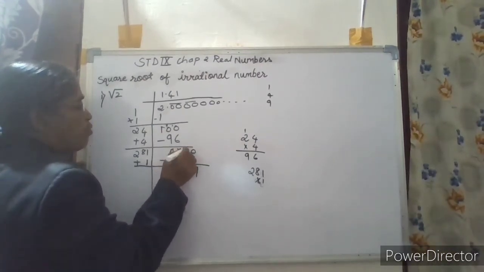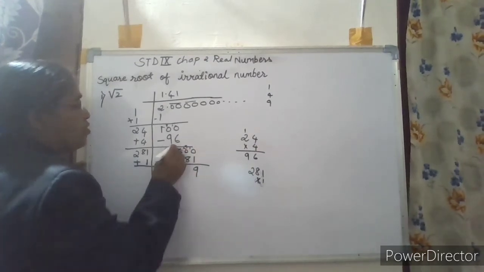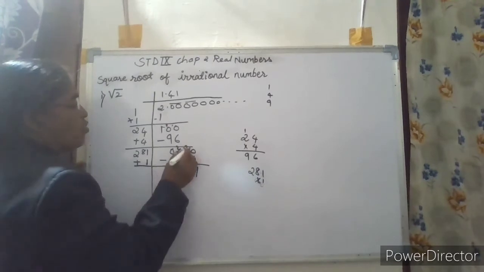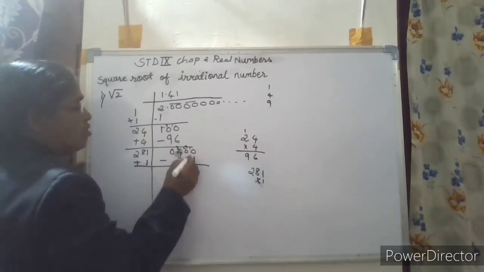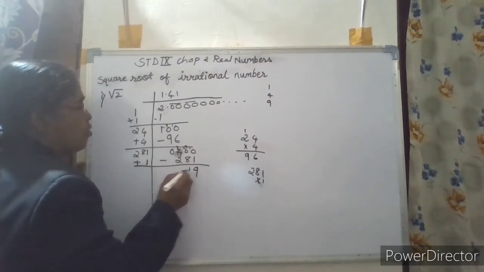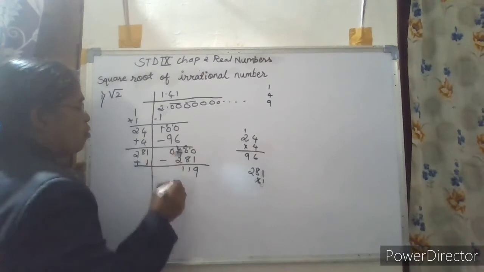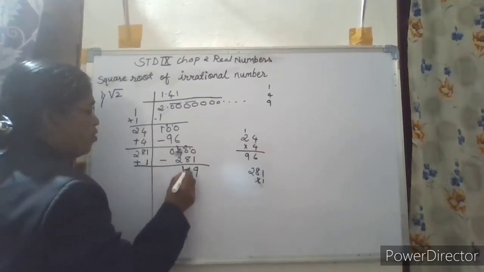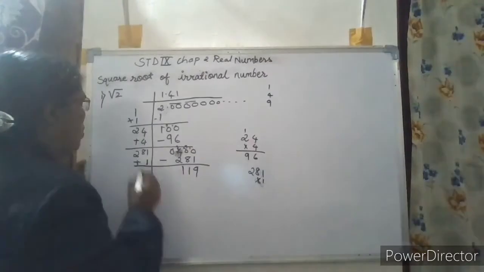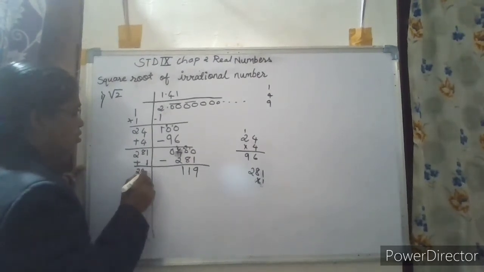Now from this 10, here 1. Now here 9 remains, and this 3 remains. So 10 minus 1 is 9, 9 minus 8 is 1, and this 3 minus 2 is 1. And here it is 119, and 282.